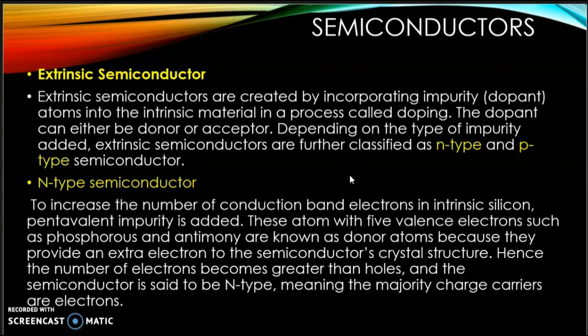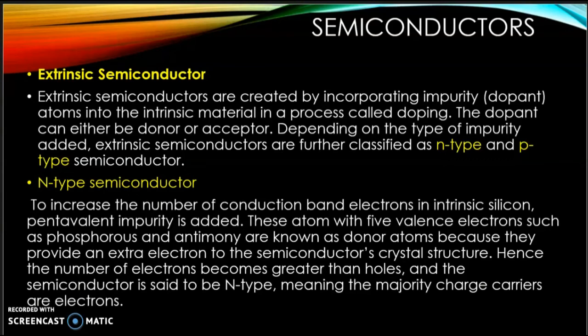So after bonding 4 orbitals with 5 orbitals, let's look at the ratio 4:5. Each of them will bond to one another. There will be a free electron now. Examples of these pentavalent impurities are phosphorus and antimony. So now you dope this intrinsic semiconductor with phosphorus or antimony, which has 5 electrons on their outermost orbital.